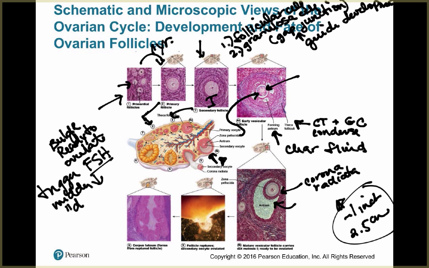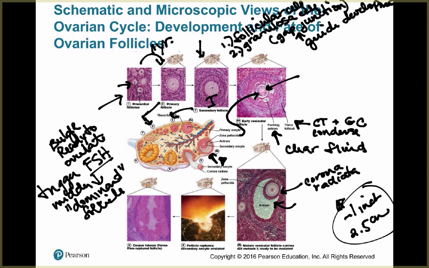And that's what helps decide the dominant follicle to be selected. How it truly works, they're still uncertain. And then from there, the primary oocyte of the dominant follicle completes meiosis 1 and 2 to form the secondary oocyte and the polar body. And basically, there are going to be granulosa cells in here that signal to the oocyte to stop in metaphase 2. Remember, we talked about that earlier.